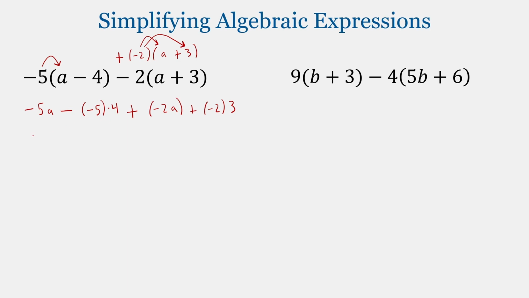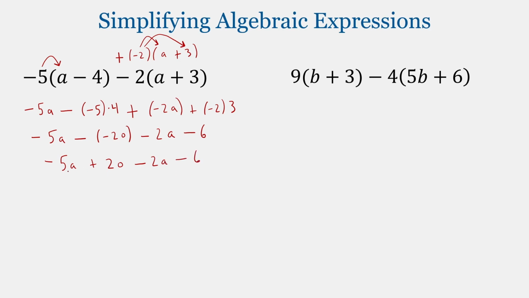We'll do the multiplication. This is still negative 5a. Now we have minus negative 20. This is minus 2a, and this is minus 6. So subtraction of a negative is addition, so this becomes negative 5a plus 20 minus 2a minus 6.